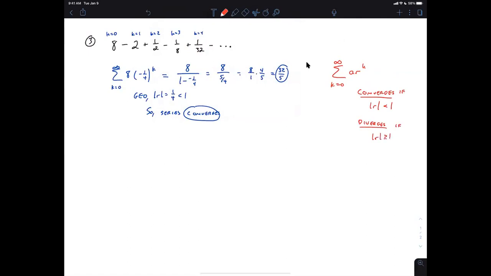The proof we gave yesterday was completely accurate for less than 1 and greater than 1, but kind of glossed over what happens if r is 1 or if r is negative 1. So if the absolute value of r equals 1, we haven't really explained why that's included on the diverge part. It is right to put it here, but we haven't really talked about that.